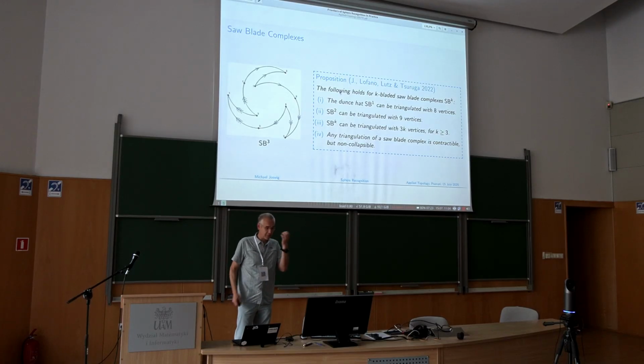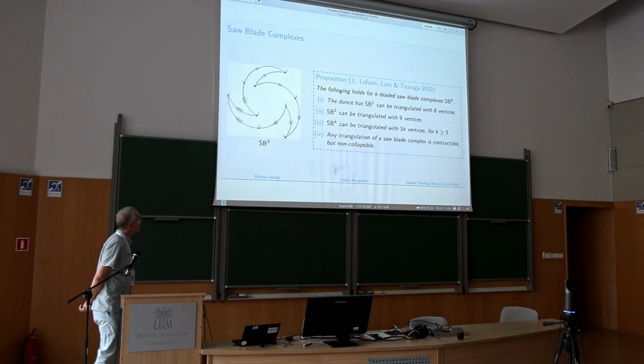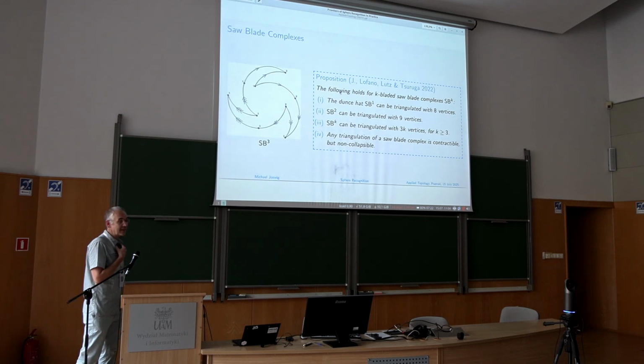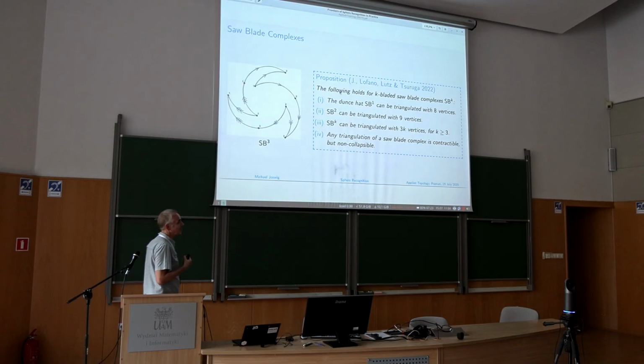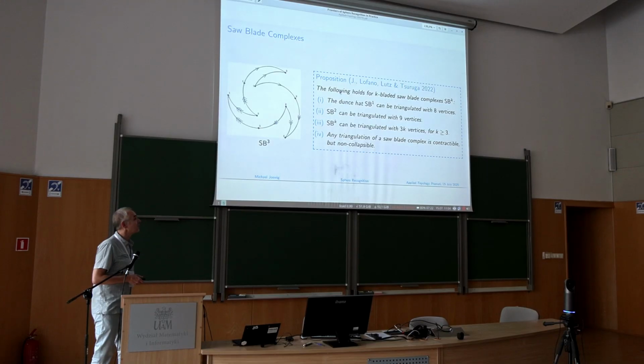So this was a construction that Frank was obsessed with, I can say. If you're familiar with the standard Dunce hat, which is a standard space known to be contractible but not collapsible, these are like bigger brothers and sisters of the Dunce hat. He called them saw blade complexes for this picture. They depend on a parameter.